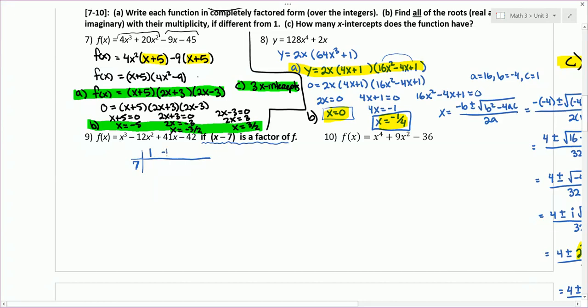Leave a little space. Negative 12, which is the coefficient of x squared. 41, which is the coefficient of x. And negative 42, which is your constant. As you write this, make sure you're not skipping any powers, and we're not. We got cubed, squared, first power, and then no x.